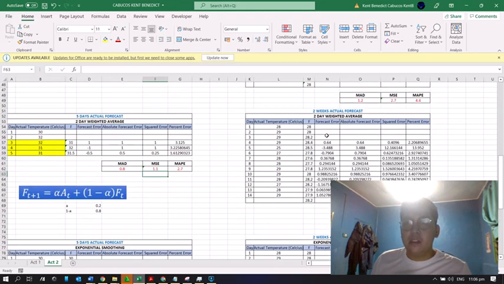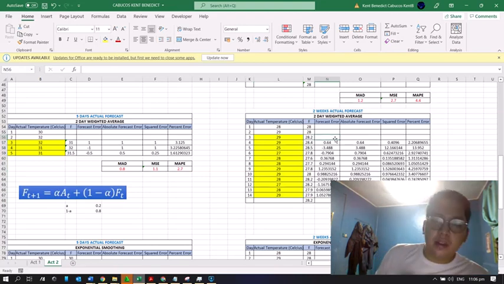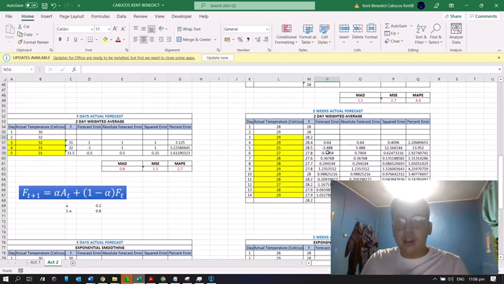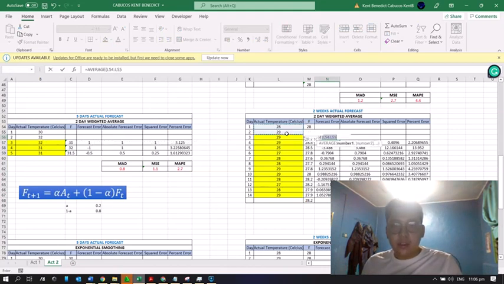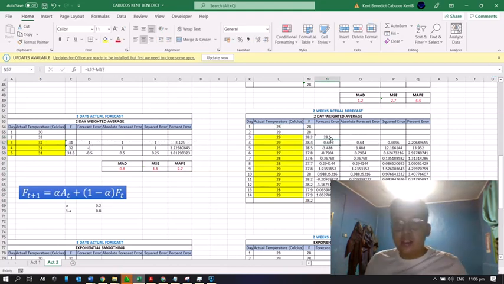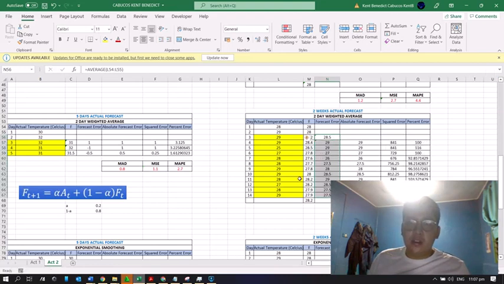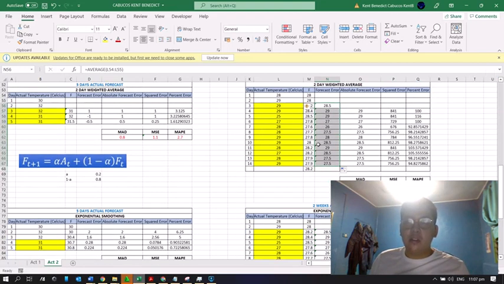The problem with this is that it is wrong. We just use these 2. And the calculation is wrong. I forget about it. So again, we're going to average the first 2. Enter, and so on and so forth. That's wrong.